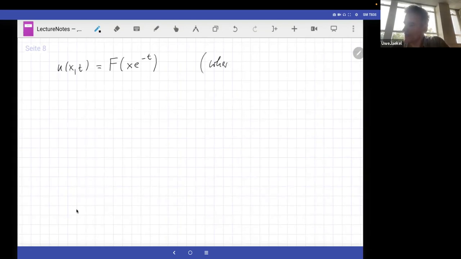And what Python doesn't say explicitly, if you look at the help function, is that F is an arbitrary function. And I can tell you it's basically the initial condition, or specified by the initial condition.